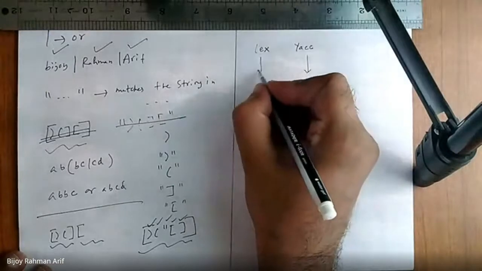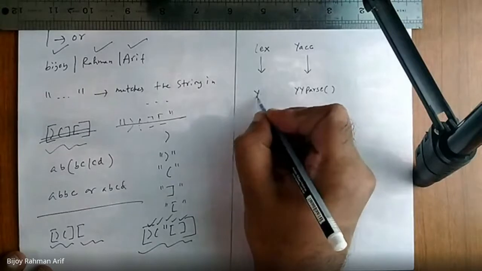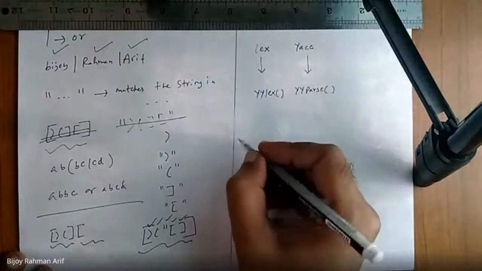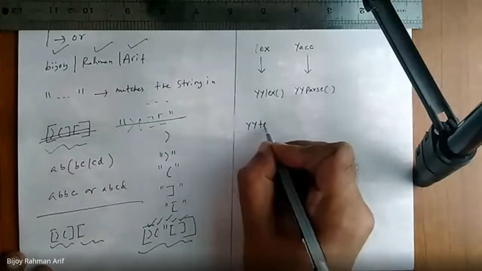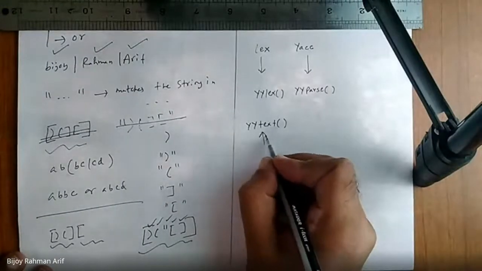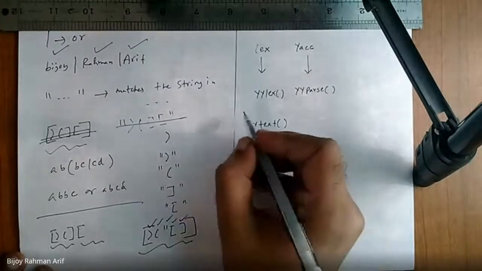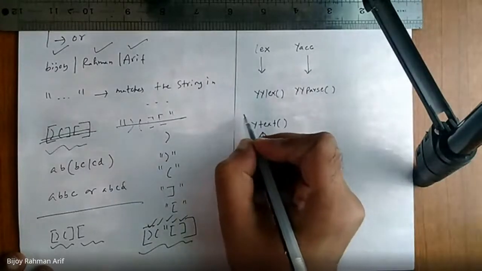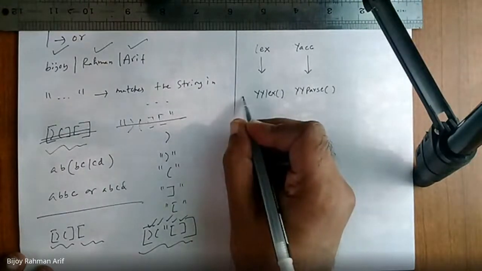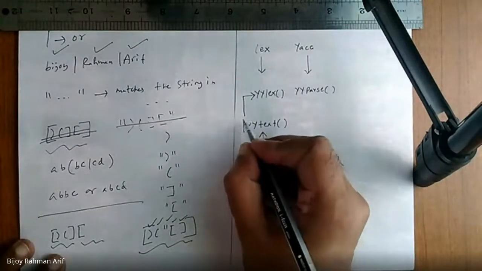Next one generates another buffer. What is that called? yylex. And your input has another buffer, which is called yytext. So the movement is like this. You give your input, it is passed to yytext. Then yytext passes it to yylex.